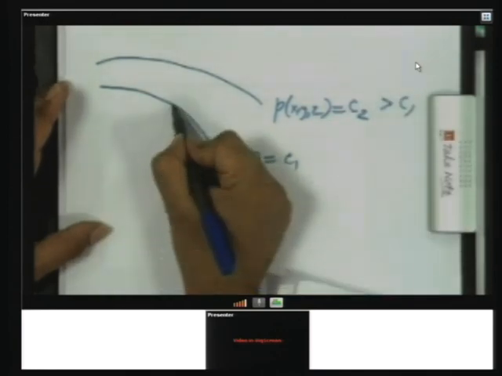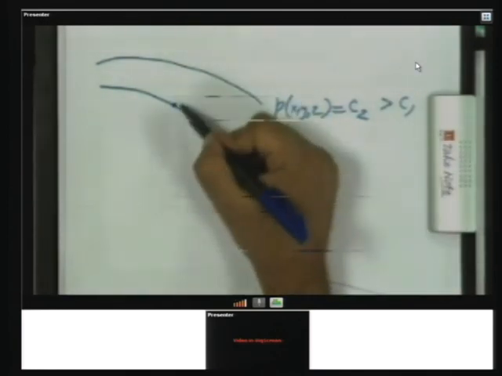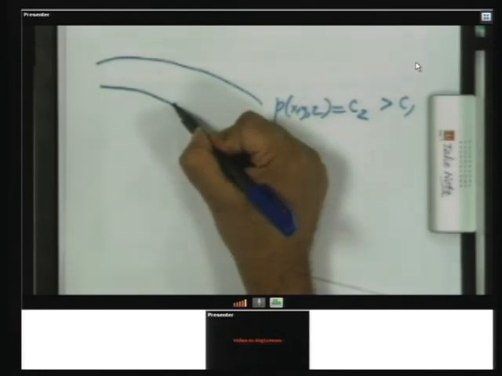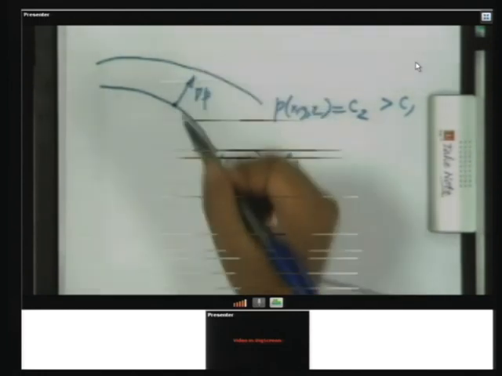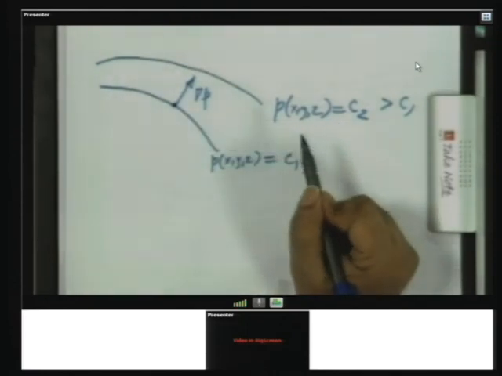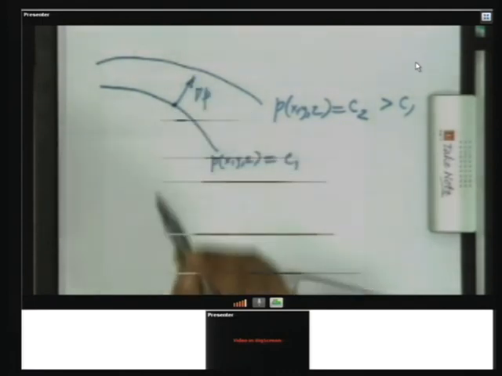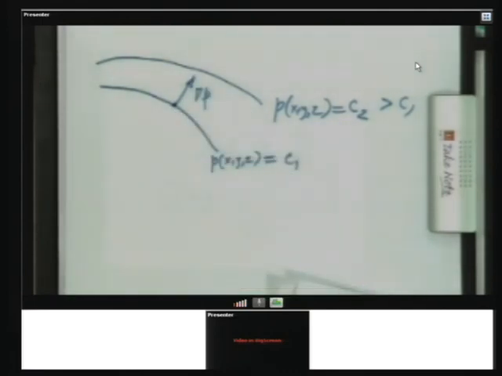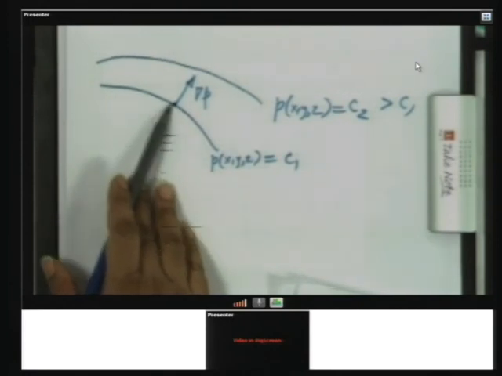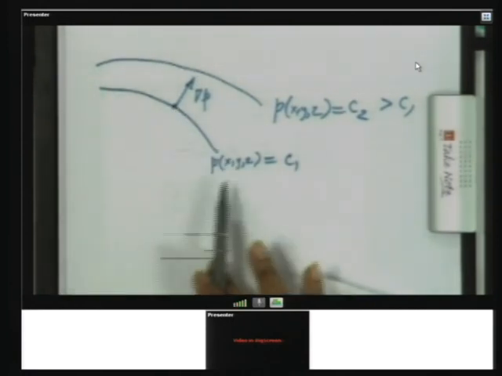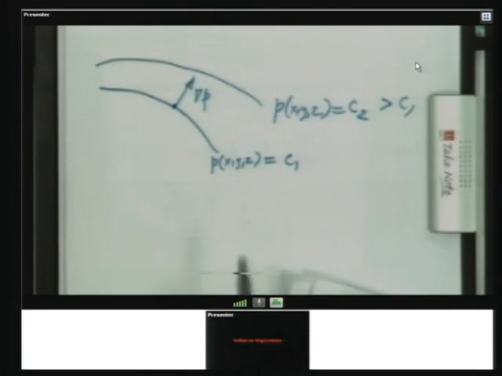Then if I take a point here, grad p is going to be normal to this, and it will point in the direction in which p is increasing. So, if you know the direction of grad p, then you can predict the shape, or to some extent locally the orientation, of the surface where pressure is constant.